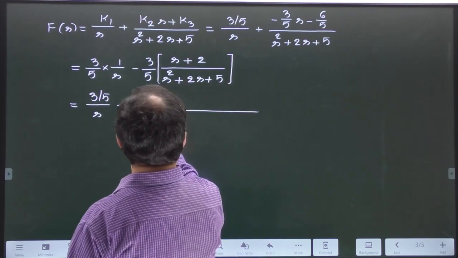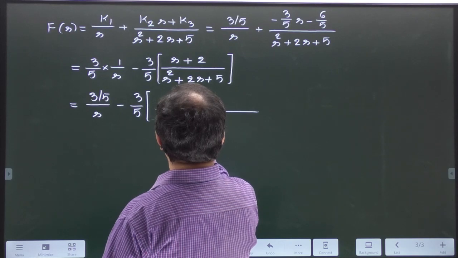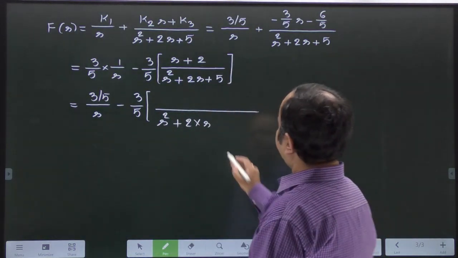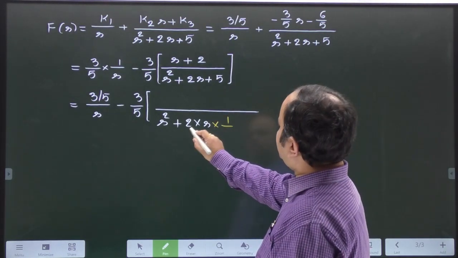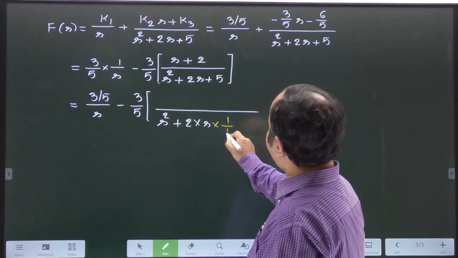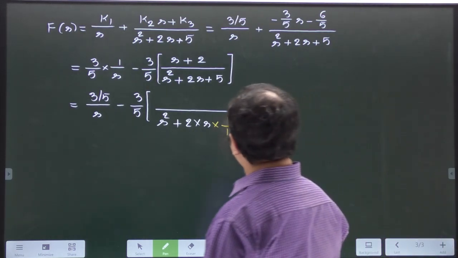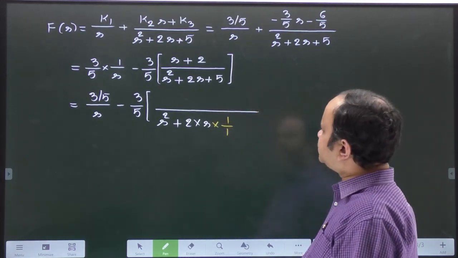How can I write? S square plus 2 into s into 2 into s into, let me write 1 by 1. Of course, it is a 1 only. You can simply write 1 also, nothing wrong in that. But if you follow this format in any different models also, it will be easy.